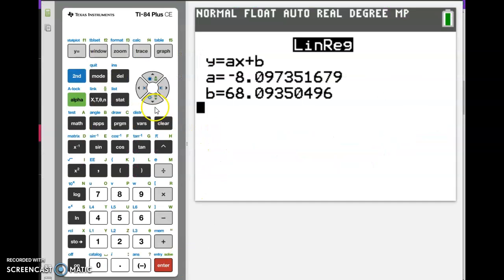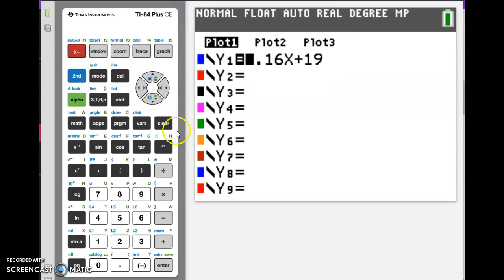All right, now we want to create a graph of the scatter plot for this data. First of all, we're going to clear out y equals and put in our new equation we just found: y equals negative 8.1x plus 68.1.